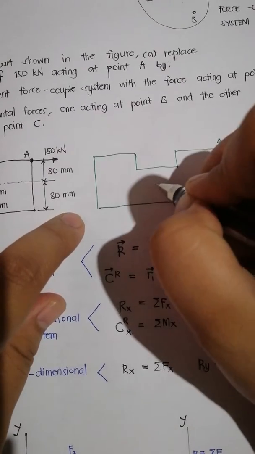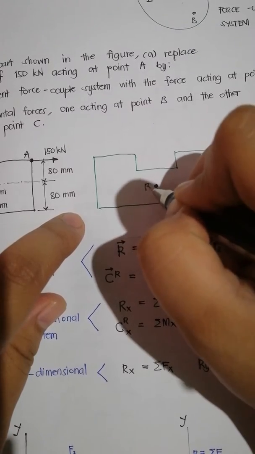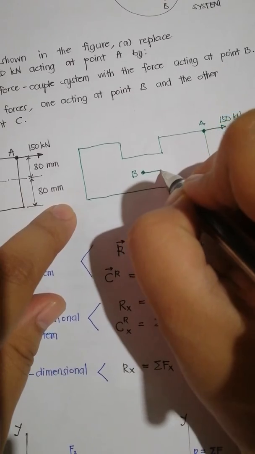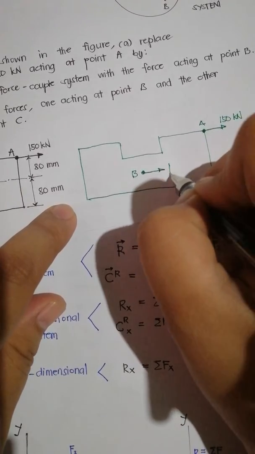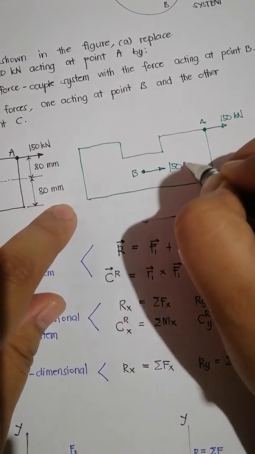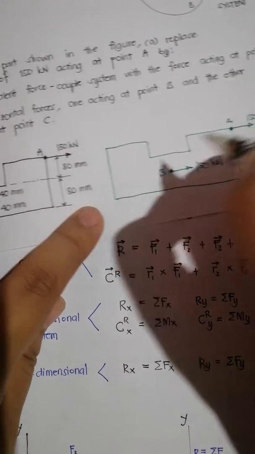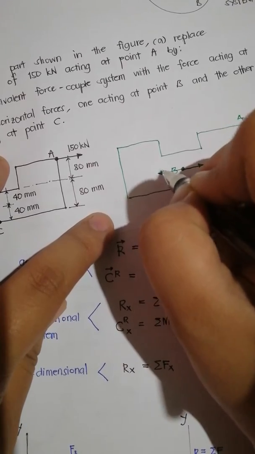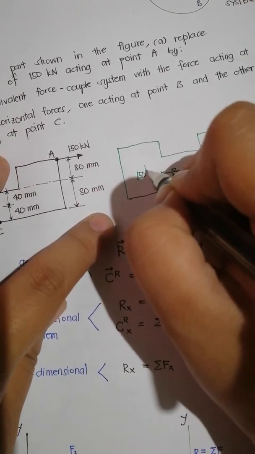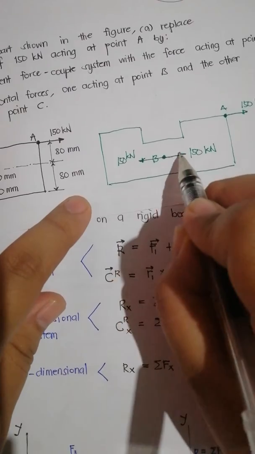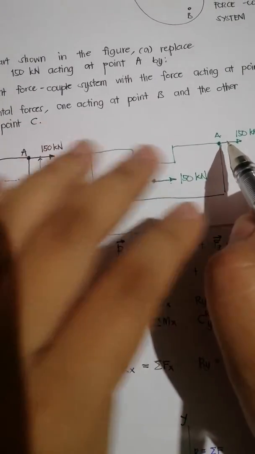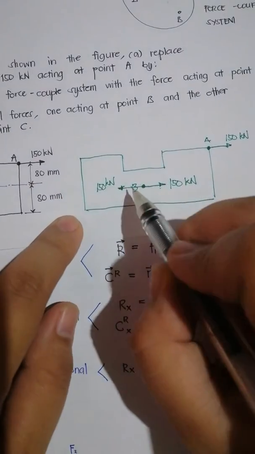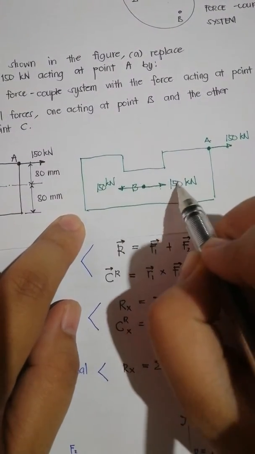Then we're going to transfer that here at point B. I'm going to draw it here, but we'll have to negate this also so that it seems like nothing happened, because the resultant of these two is 0. So it's just the same as the original force, because the resultant of the two is 0.